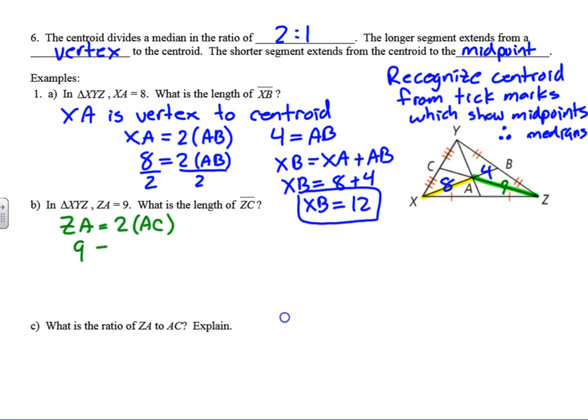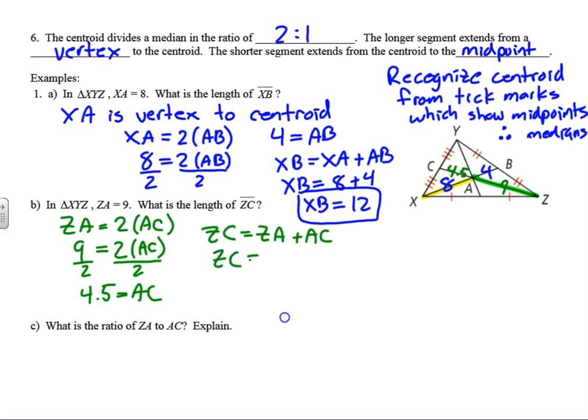So again, ZA is 9, twice AC, divide by 2. So 4.5 would be AC. That's this little piece right here. So now what is ZC? Well, ZC equals ZA plus AC. So ZC is 9 plus 4.5, which would be 13.5.